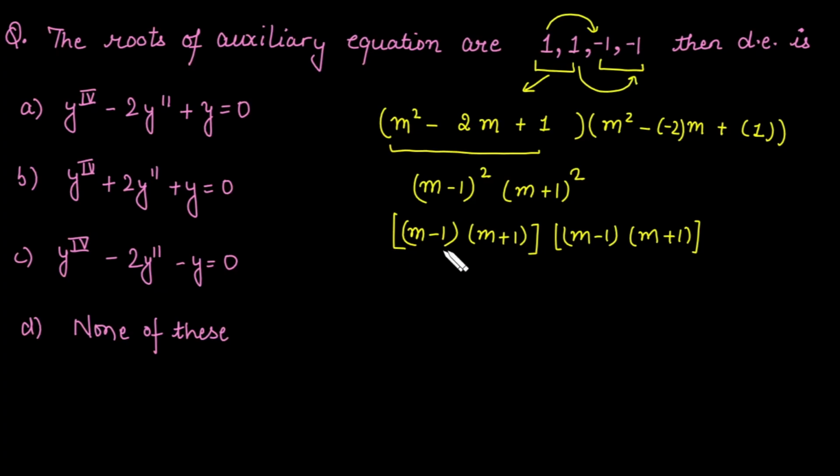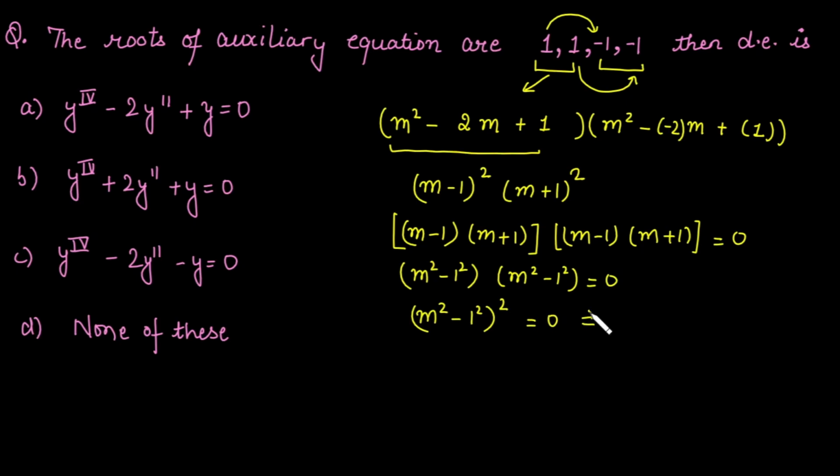So from here we can write it as m square minus 1 square, and from here we can write it as m square minus 1 square. Now simplify this. This is m square minus 1, whole square. So this is the auxiliary equation in this case we have.